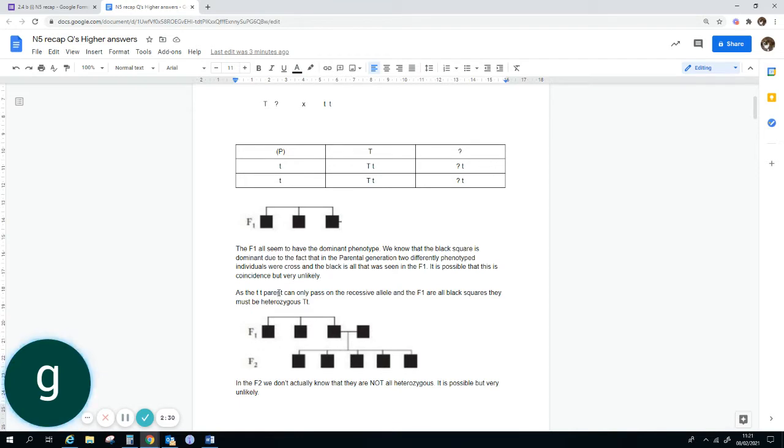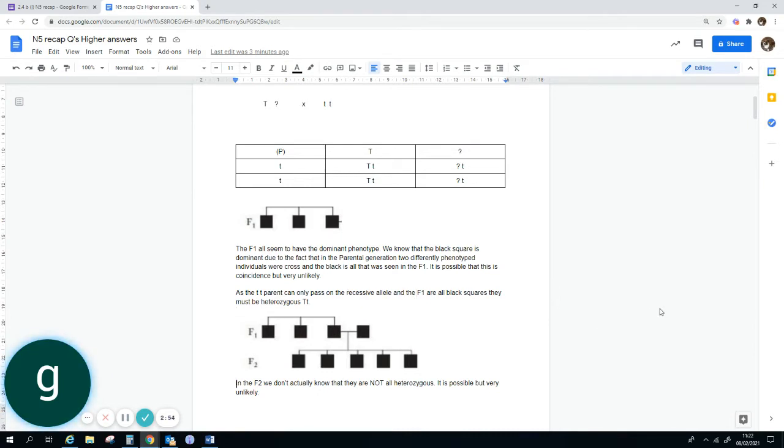So as the small t parent can only pass on the recessive allele, and all the F1s are black squares, they must have a small t, but they must also have a big T in order for them to have this phenotype. So the F1 would seem to be heterozygotes.